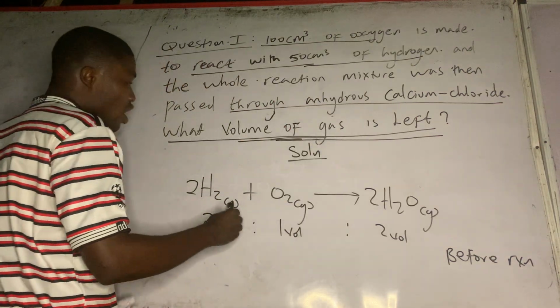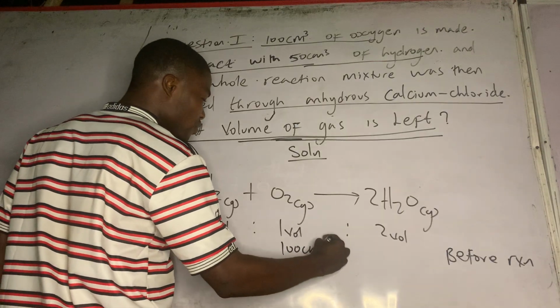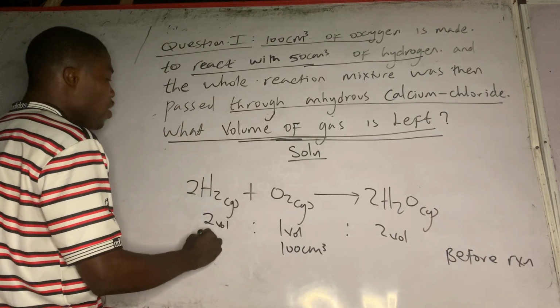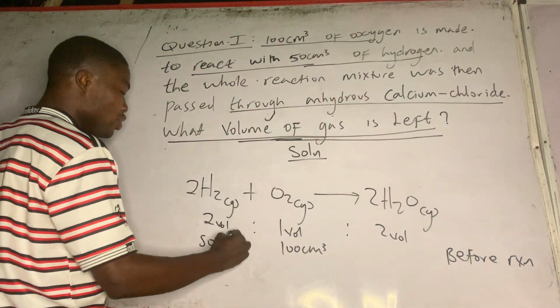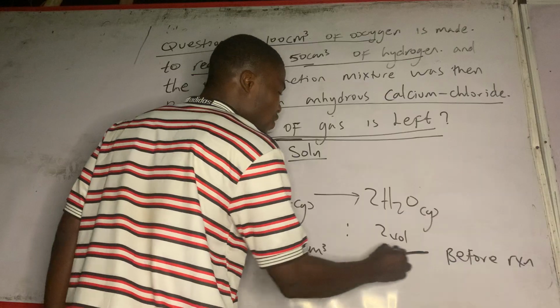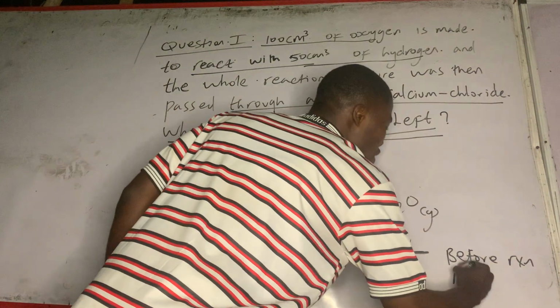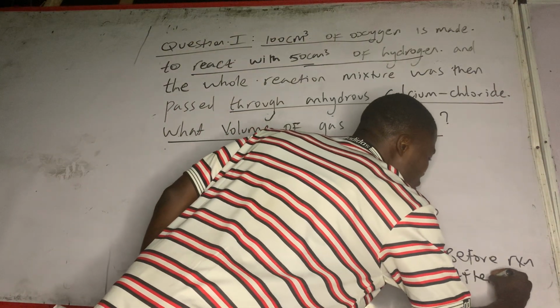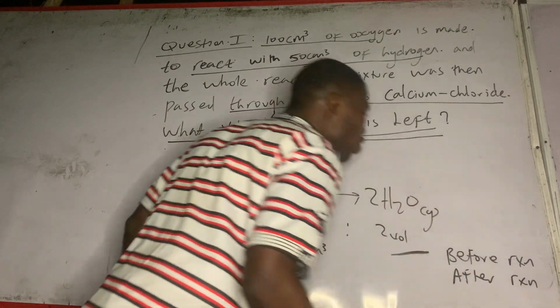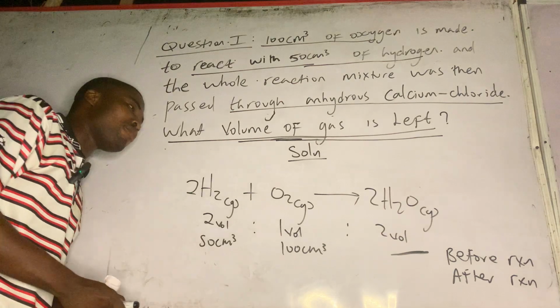Usually the products are not given before reaction because before the reaction the products are not yet formed. Another thing we need is what volume of each of the reactants or products will be left after the reaction.